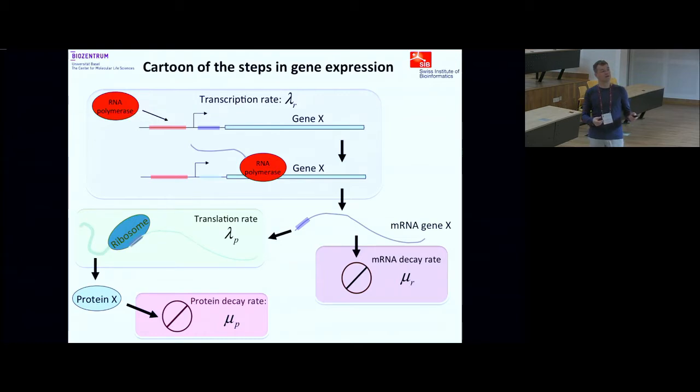And once you've made a protein through translation, also these proteins have a certain rate per unit time at which they decay. Right, so in the simplest model, there are sort of constant probabilities per unit time per molecule for these events to happen.